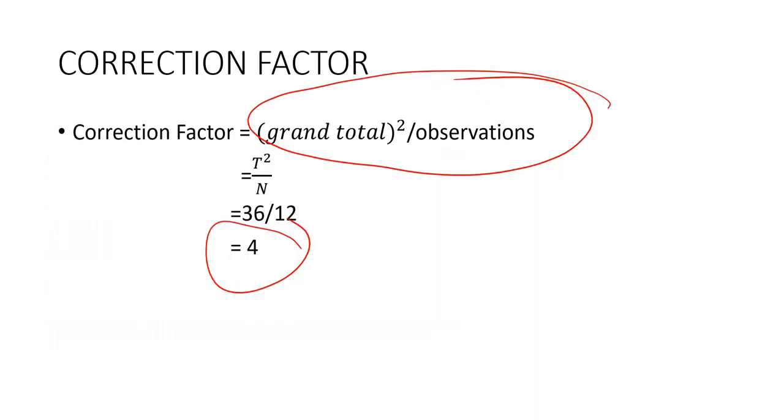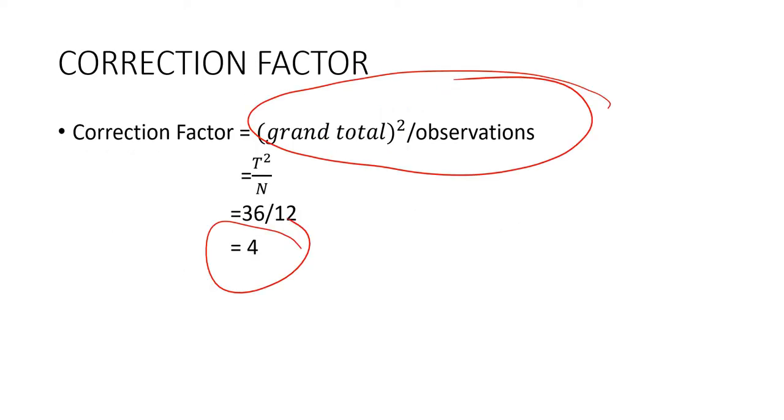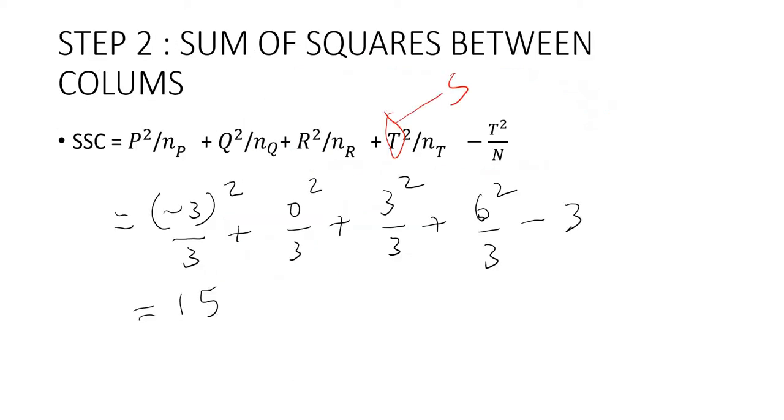And T square by N we have already calculated: 36 by 12, which is, sorry, not 4, it is 3. That's what we put here as minus 3. So when you calculate this, you will get 15.